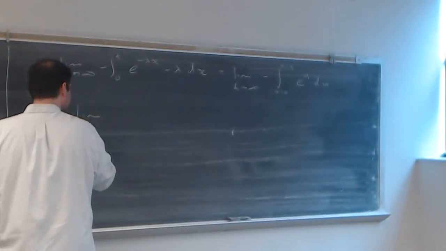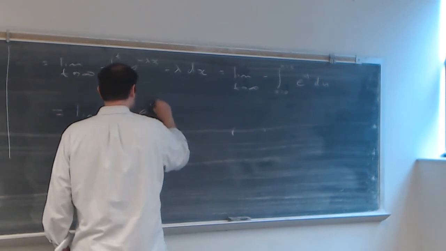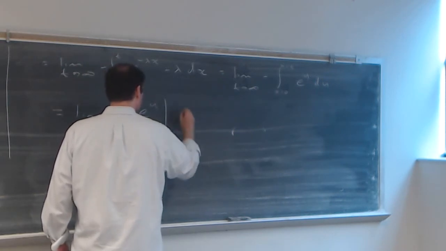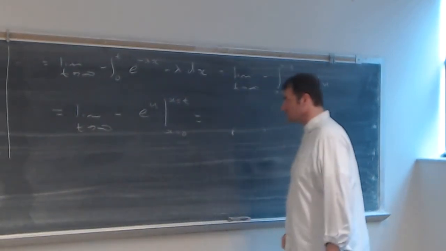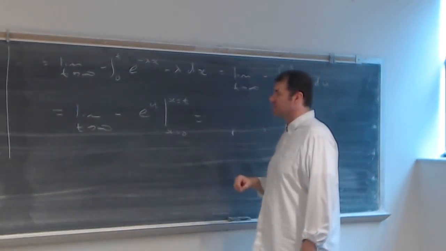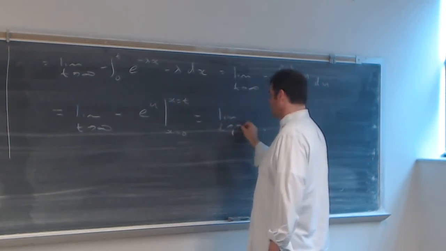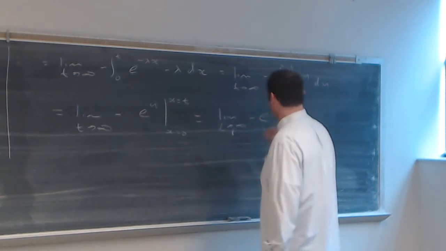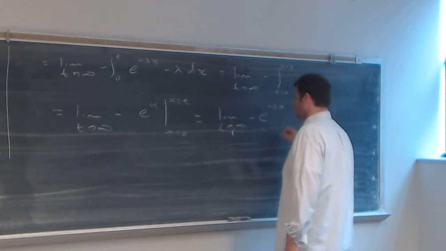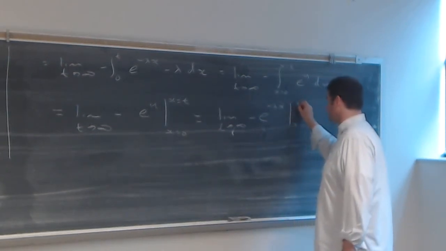So this is the limit as t goes to infinity of minus e to the u, evaluated from x equals 0 up to x equal to t. Being very formal here, we resubstitute for u what it's equal to: minus e to the minus lambda x, evaluated from x equals 0 to t.